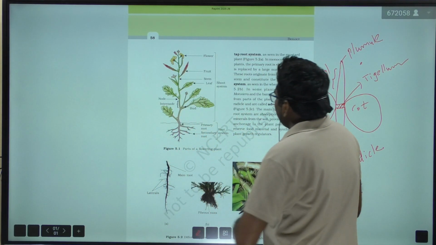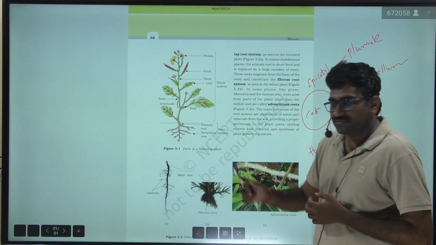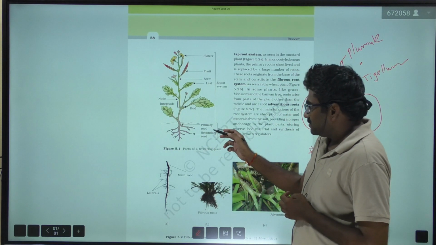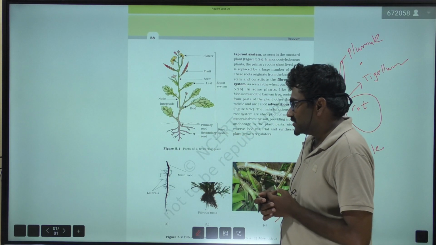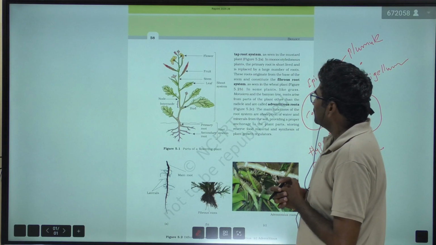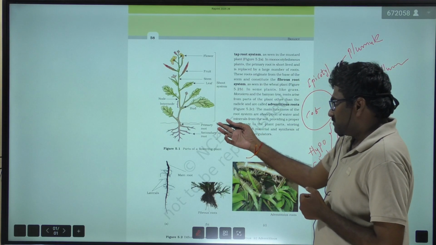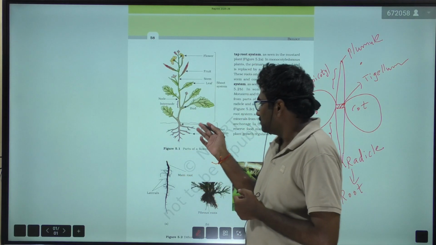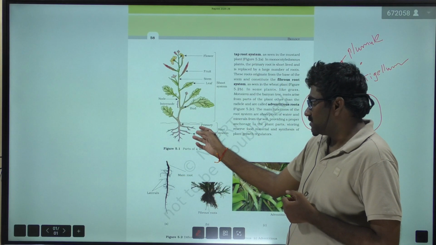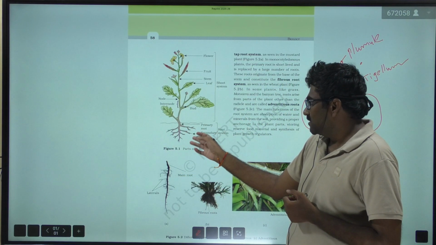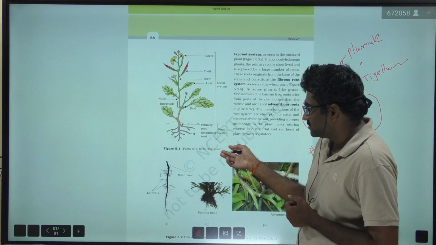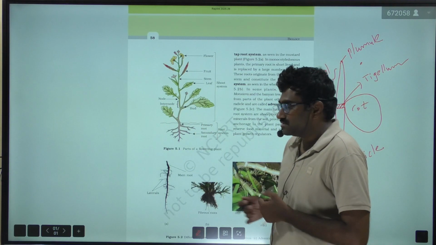If you look into the structure of the root, we will find primary roots and secondary roots. The first formed roots are the primary roots, and they possess several branches known as lateral roots or secondary roots. They may possess tertiary roots also.